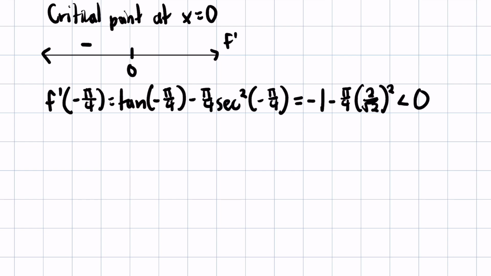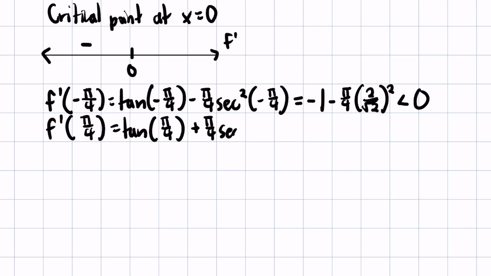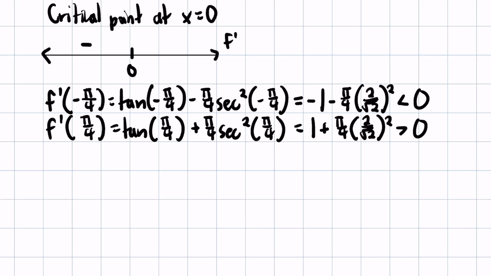We want to find f prime of pi over 4. That is going to be tangent of pi over 4 plus pi over 4 secant squared pi over 4. This is in the 1st quadrant, so everything, sine, cosine, tangent, secant, is all going to be positive. So we have positive 1 plus pi over 4 times 2 over root 2 squared. Here all our terms are positive, so clearly the sum of them is positive.